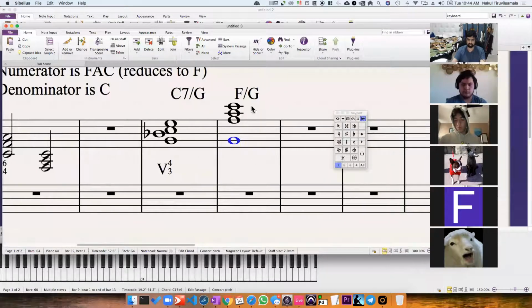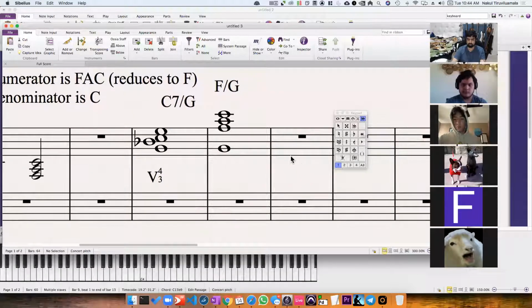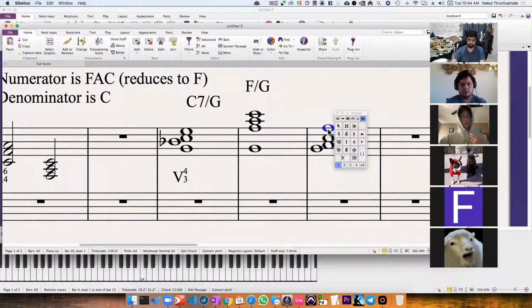Let's see if it actually makes sense as to why it's a sus chord. Let's take this chord and try to make a squashed rendition of it where it all exists within one octave. The way to do that is quite simple. I'm just going to take this chord and bring some notes down an octave.